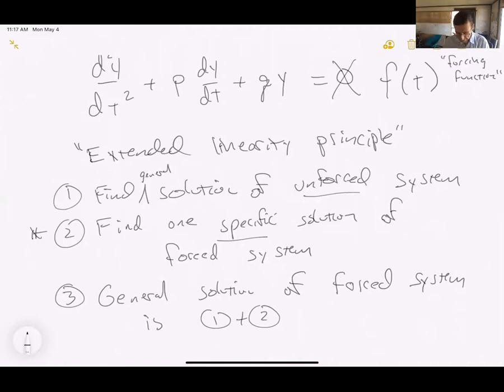Right? Now, step one is something you should all be able to do. Okay, that's what we did in chapter 3. Step 2 is like, how do you find even just one solution of this system? And in chapter 4, they say, well, you can do that just by guessing, and here's how you make those educated guesses. And I'm not going to go through every possible case they go through.